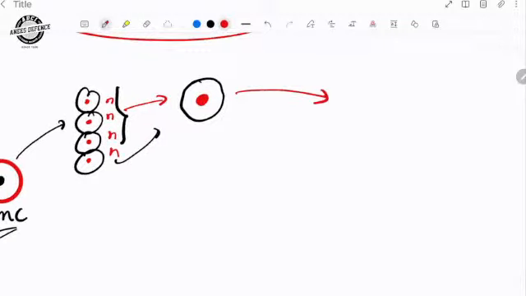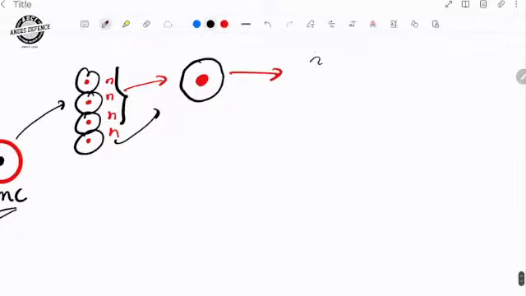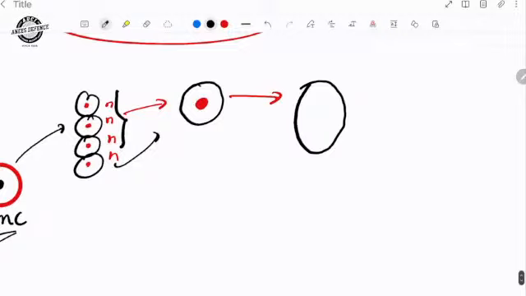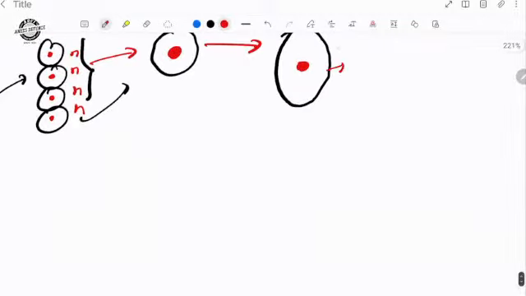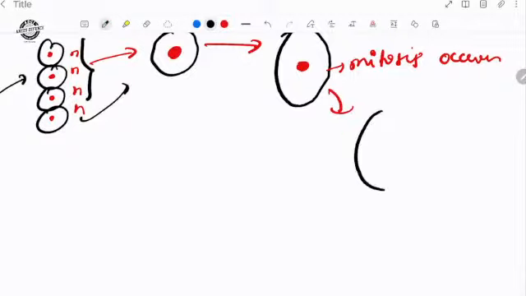After this it started to show some changes. After this, only the mitosis process occurs. Mitosis occurs constantly, and from one, two nuclei are formed, 1 and 2. Okay.